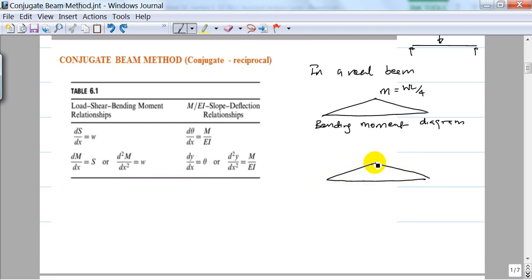It will have a similar shape. Let me draw this. Okay, that looks better. So that is the M over EI diagram. So this is the bending moment diagram. This is the M over EI diagram.